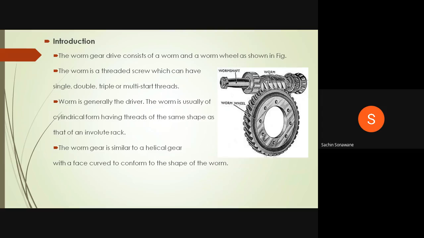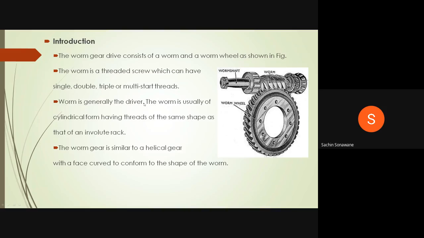Now introduction. Again see the diagram. This is the worm shaft, this is the worm wheel. The worm gear drive consists of a worm and a worm wheel as shown in the figure. The worm is a threaded screw which can have single, double, triple or multi-start threads.